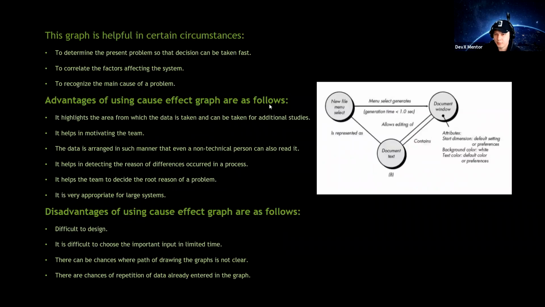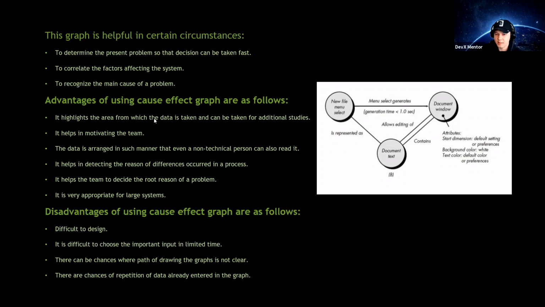So the graph helps in certain circumstances to determine the present problem so that a decision can be taken fast, to correlate the factors affecting the system, and to recognize the main cause of the problem. Okay, so the advantages of using a cause-effect graph are as follows.